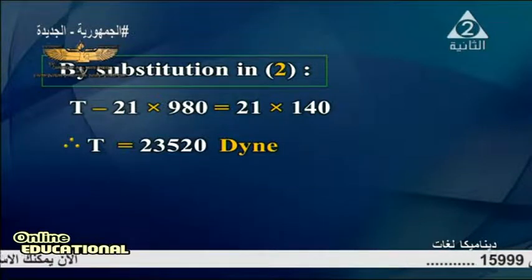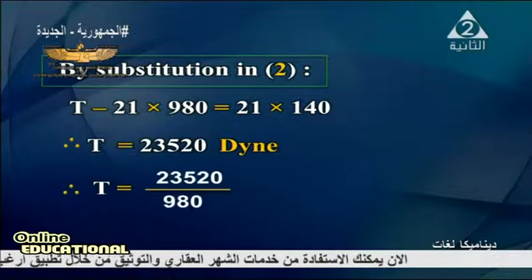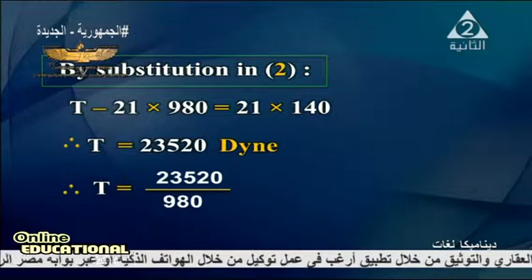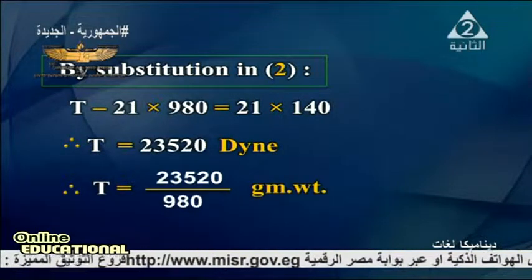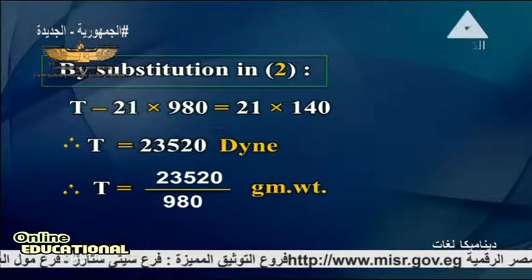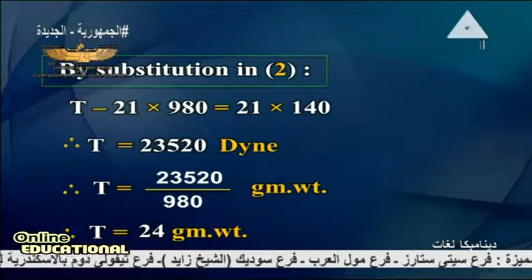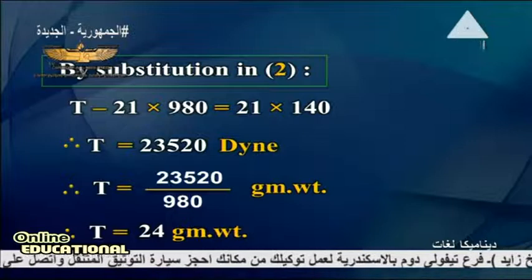Then the tension equals 23,520 dyne. Now, the tension equals 23,520 dyne divided by 980, then the unit is gram weight, and the tension equals 24 gram weight. What is the pressure on the pulley?